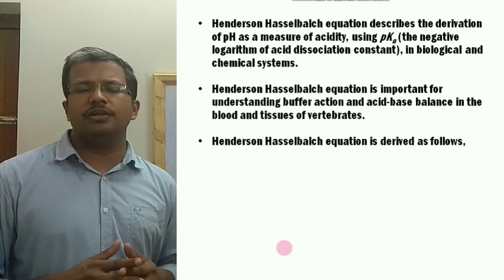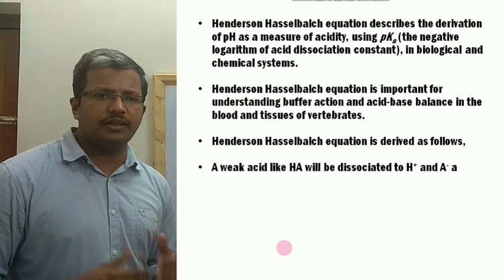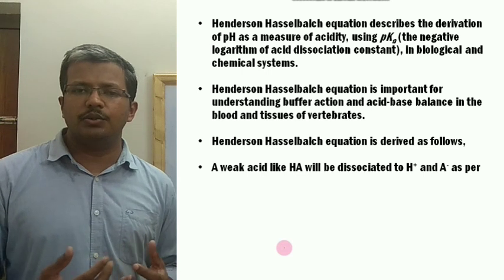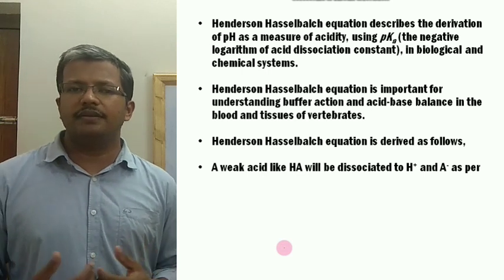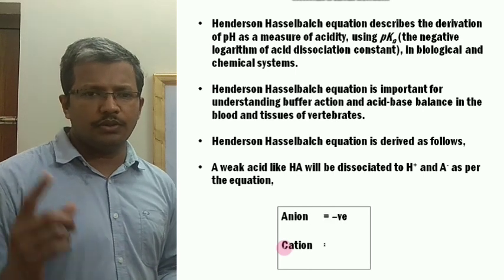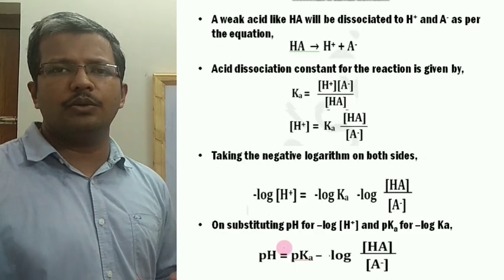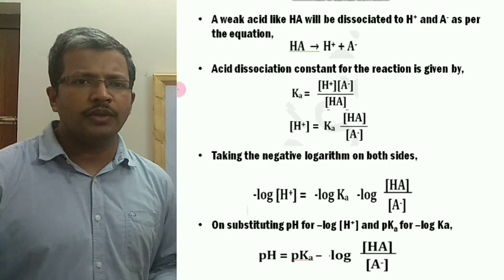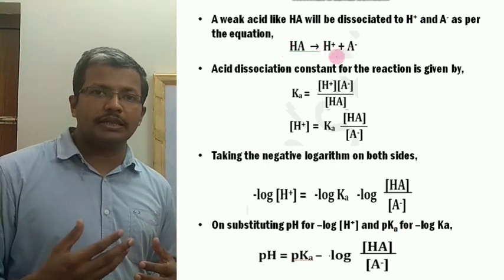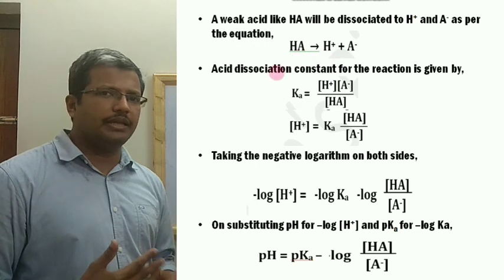It is derived as follows. A weak acid like HA dissociates into H+ and A− as per the following equation. So H+ is the cation and A− is the anion.